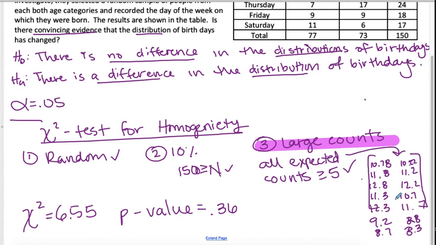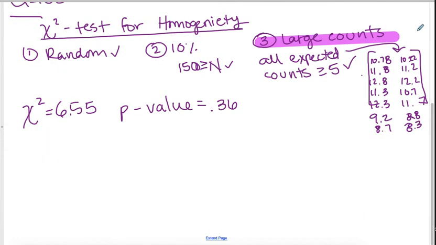We need observed and expected. Even though our calculator will do that for us, we still have to copy it down to say, how did you check that? Otherwise, they're going to go, oh, they just wrote that down. They didn't actually consider it. All right, so I think either approach is fine. Just be careful using your calculator. If you don't write that down, you do lose that point.